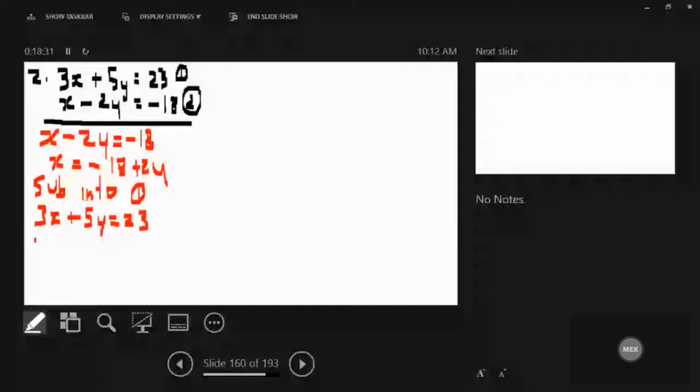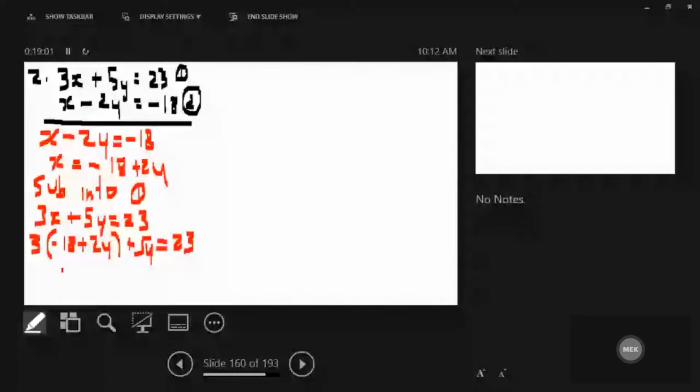So we have 3 brackets, -18 plus 2y, close it, and continue the equation. So that's plus 5y equals 23. Now we're going to expand the bracket.